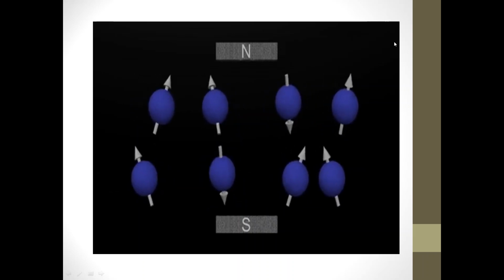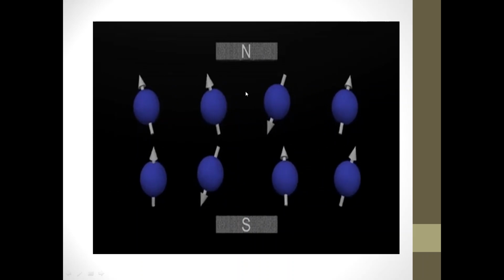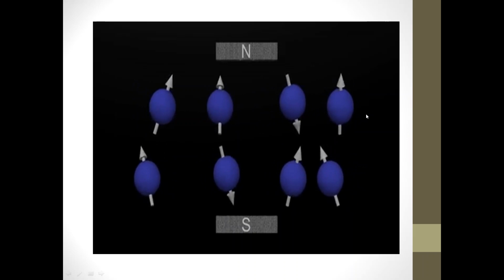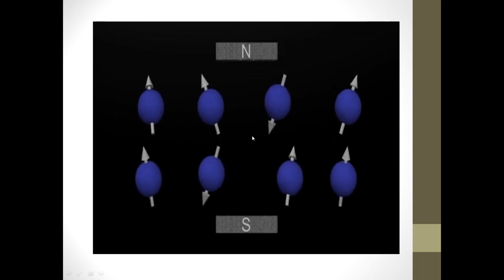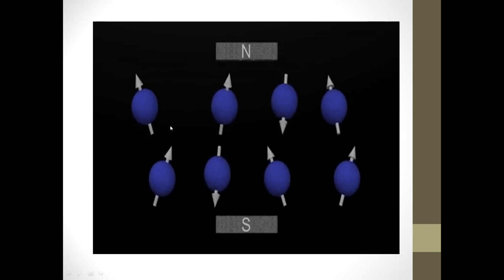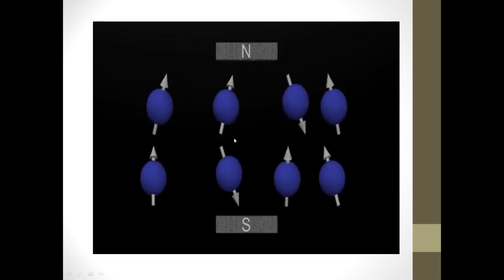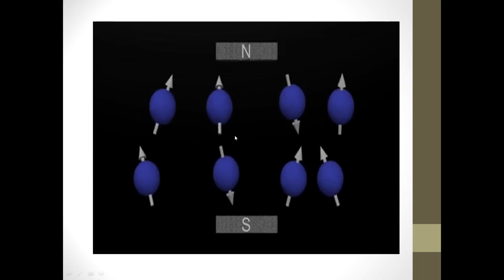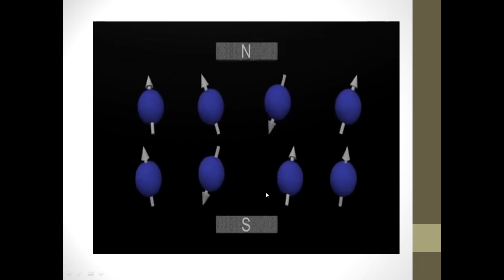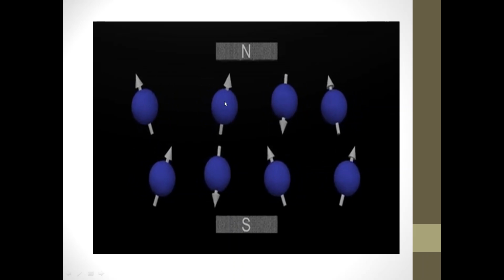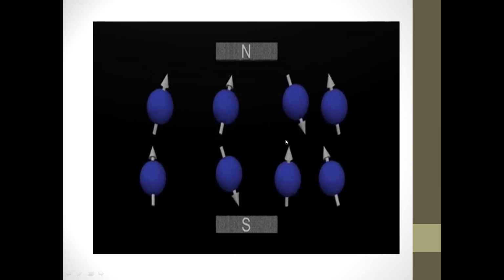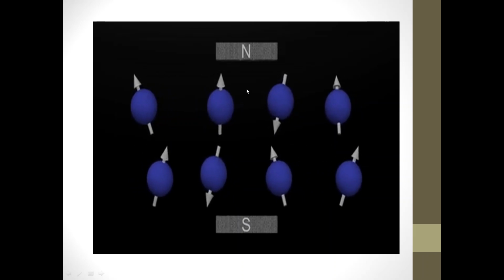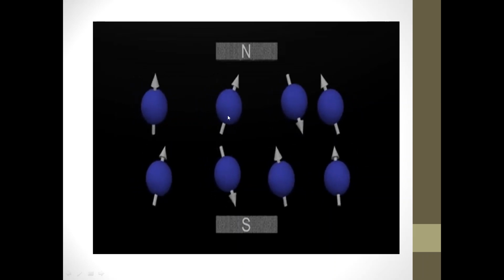But if you want to record the magnetization coming out from the protons, how can you differentiate it from the magnetization coming out from the main magnetic field, since all of them are in the same direction?